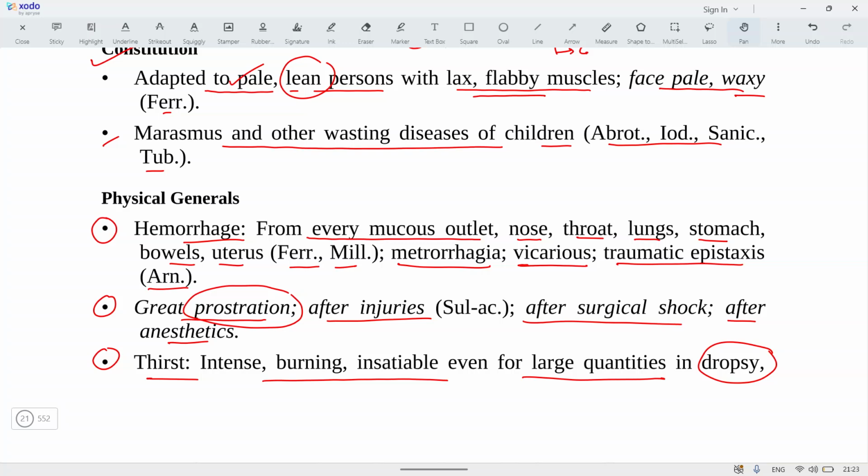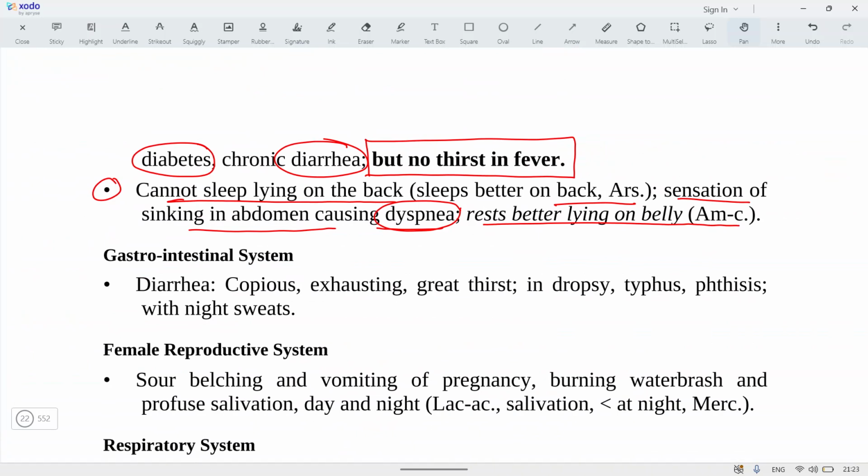Those patients usually have a higher amount of thirst, but if the presenting complaint is fever, then there is no thirst. If the patient presents with dyspnea, then the problem is worse while lying on the back, but while lying on the belly, the problem decreases. The patient feels better. So these are the general symptoms we must remember in a case of chronic disease. Whenever we are trying to prescribe acetic acid, these symptoms are more important.